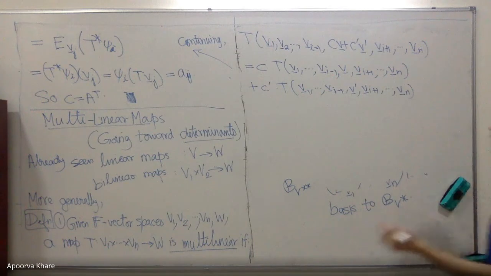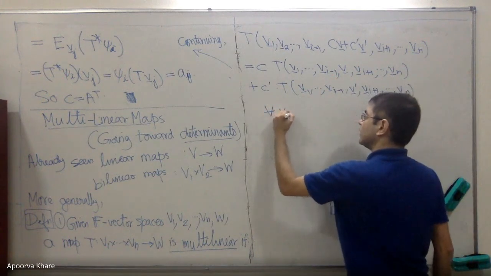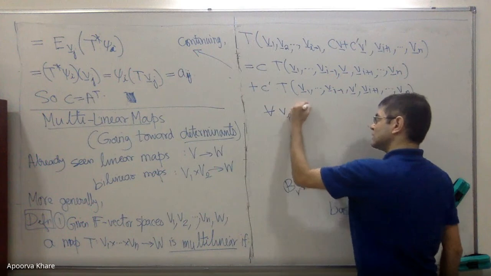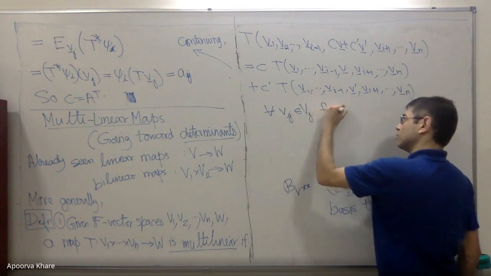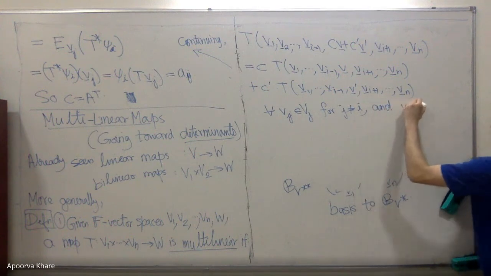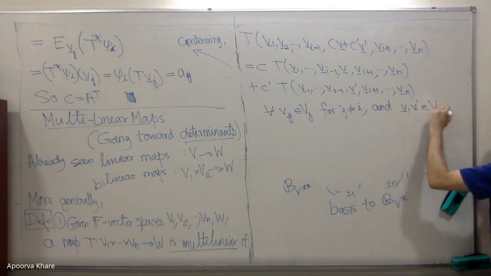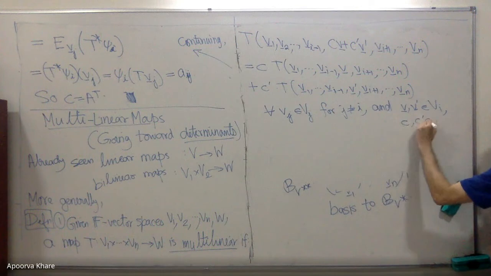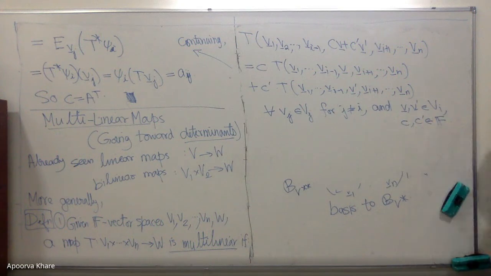And now I write down the quantifiers: for all Vj in Vj for j not equal to i, and v, v prime in Vi, c, c prime in F. This is the definition of the multilinear map.